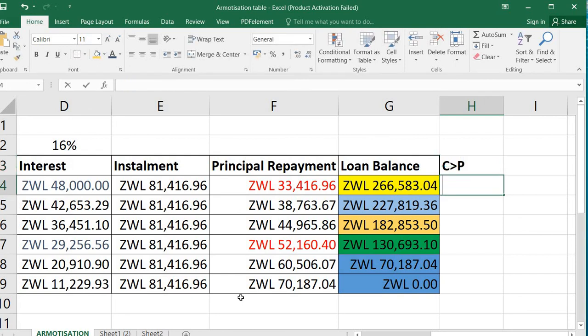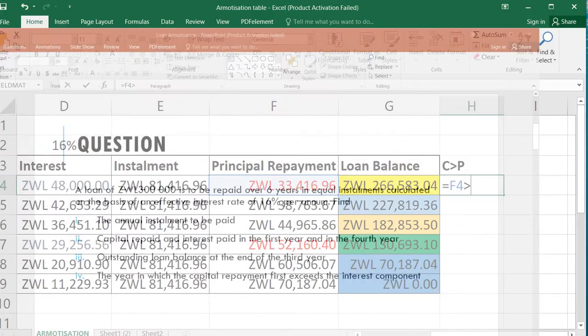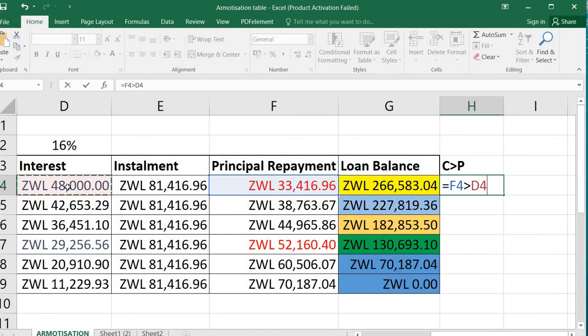Okay, we can do this. We can say equals capital exceeding, no, what is it saying? Exceeding interest. Yes, exceeding interest.